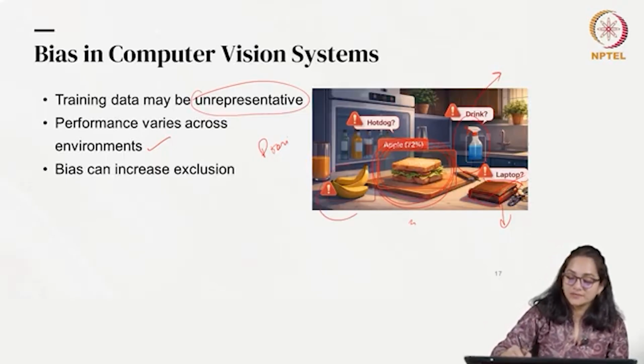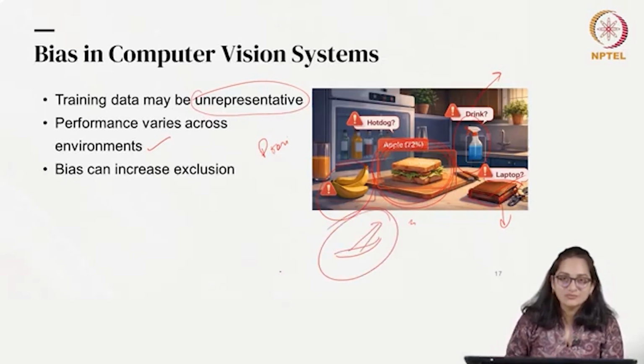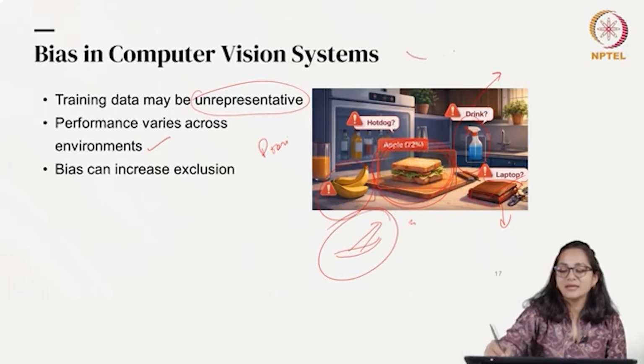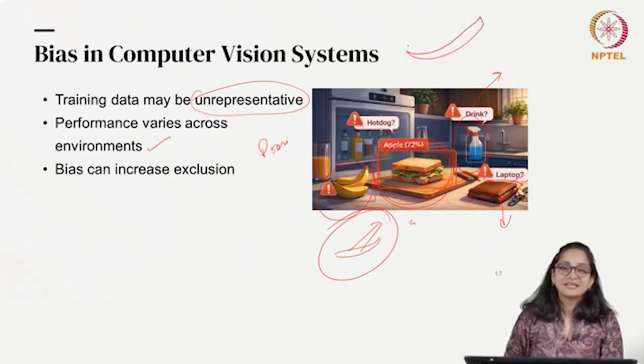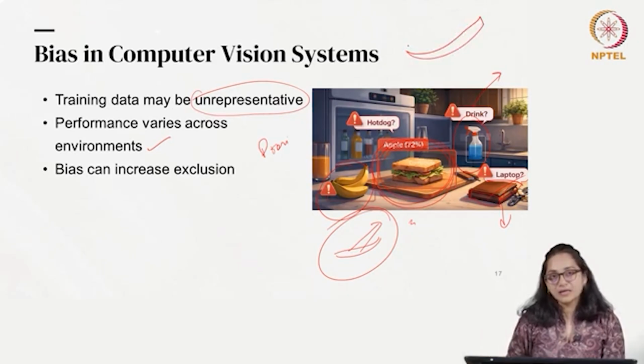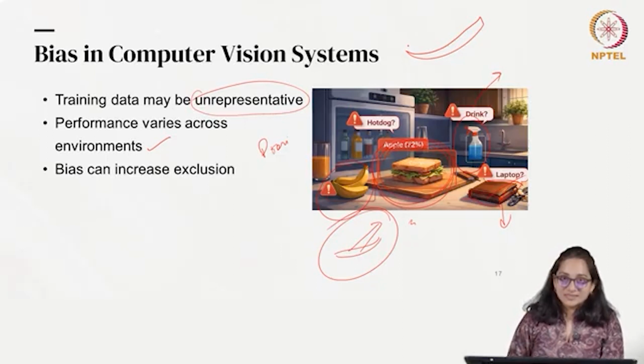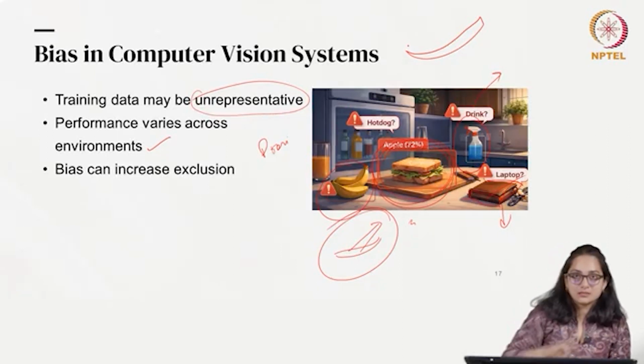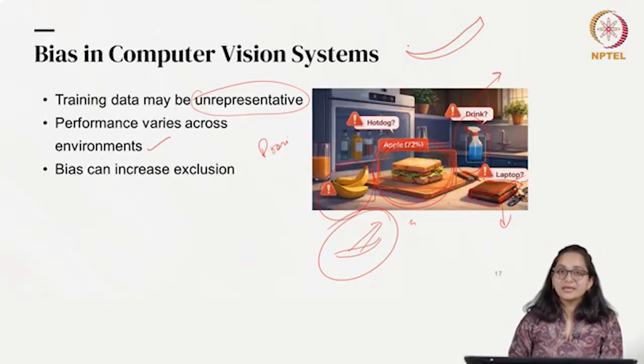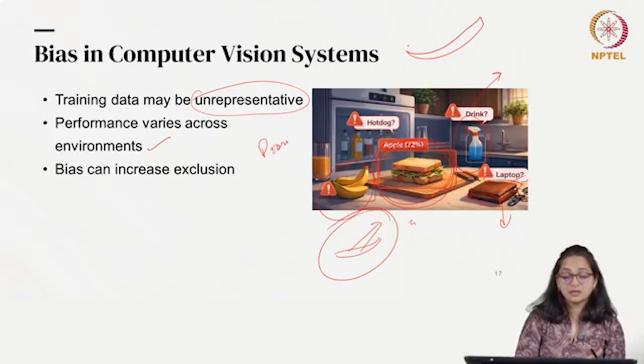And if there are multiple bananas kept like this, it is not able to even identify them as bananas unless it is just one like that. So all of these are biases owing to biases in the training data itself. So we have to be very careful when we are utilizing computer vision models, what LLMs it is accessing.